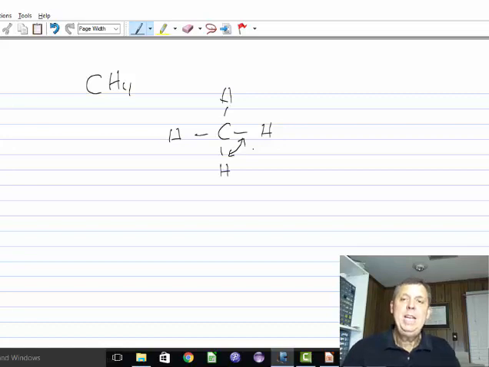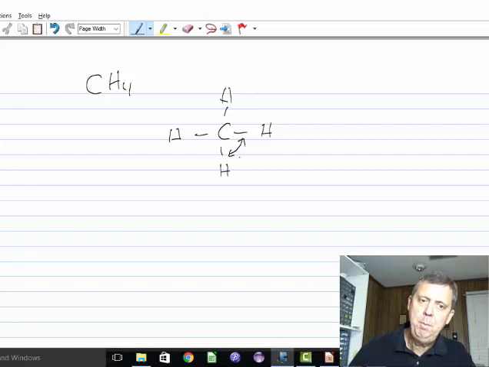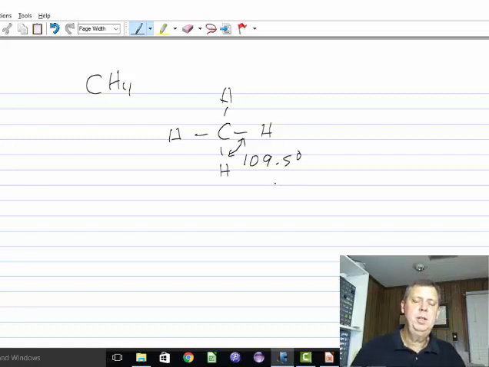Well, if you took 360 divided by 4, that would make sense. But the actual maximum angle between these carbon-hydrogen bonds is 109.5 degrees. How can that be? Well, that adds up to more than 360. The thing is, molecules don't have to stay in 2 dimensions. They're in 3-dimensional space, and they can actually form a tetrahedral structure. And that's what this is.